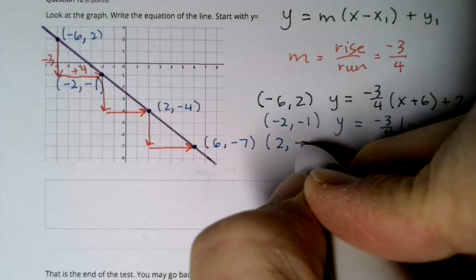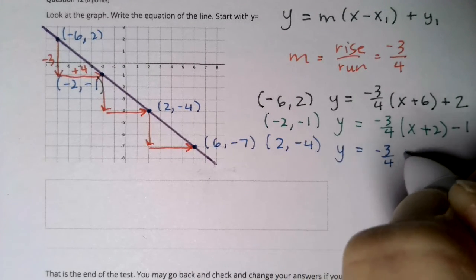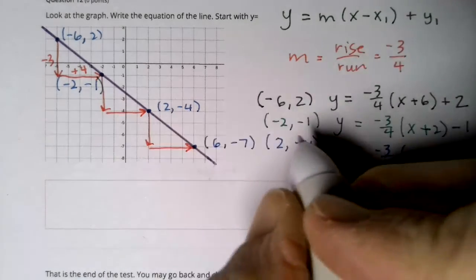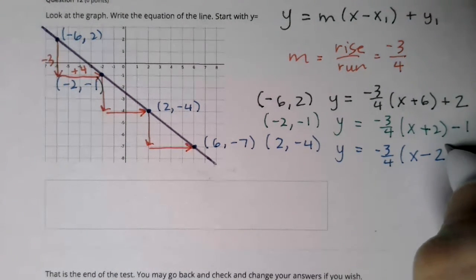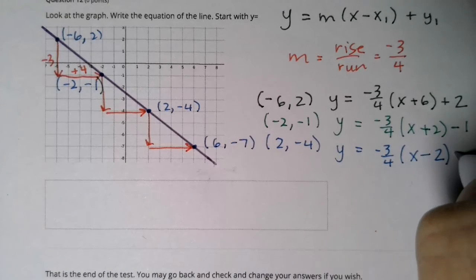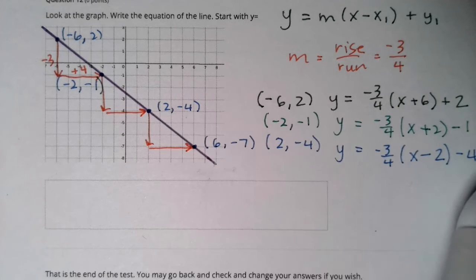The point 2, -4, you could have y equals, again, -3/4 times x minus a positive 2, so that's why it's going to stay minus 2 in my equation. And then plus a negative 4 is the same thing as subtract 4, so it's matching the signs there.